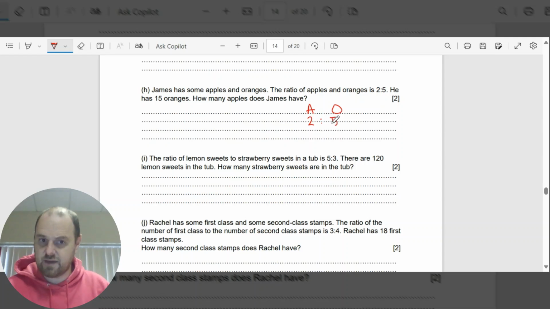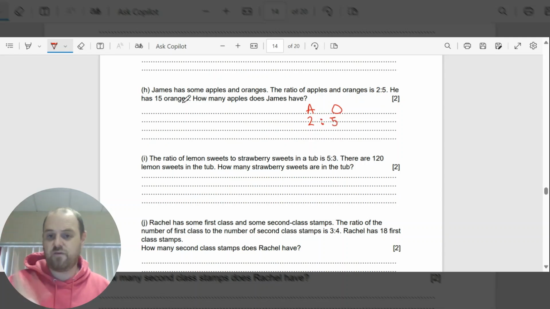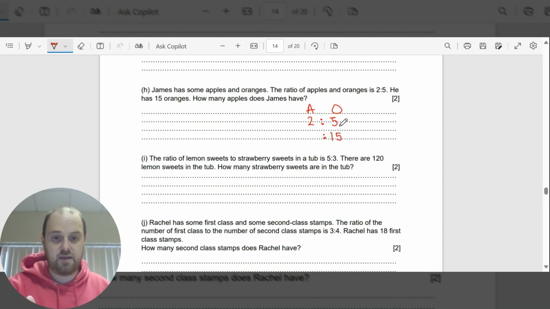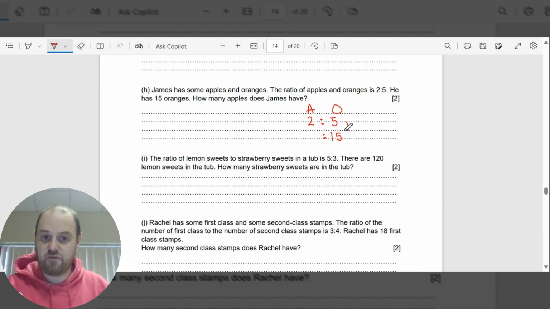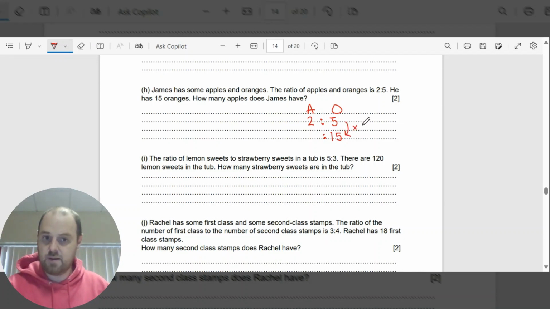Now look at the difference. It's really, really important. You can spot the difference in a ratio question. He has 15 oranges. Not he is sharing this amount of fruit. He ends up with, that is one of our answers. So we'll have to go, okay, 2 to 5. How many 5s make 15? He's had 5 oranges 3 times. But if I times that by 3, I've also got to times that by 3, and it becomes 6.